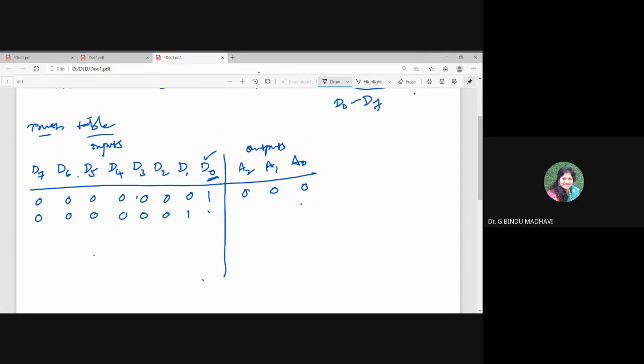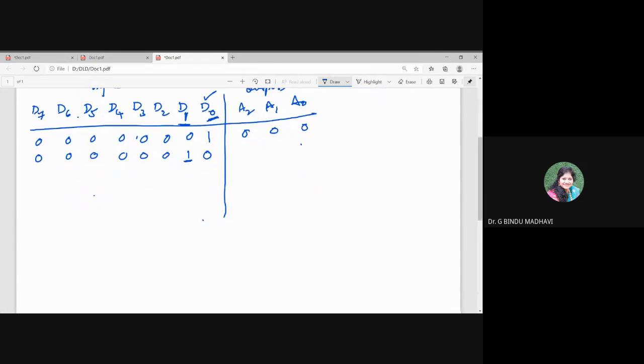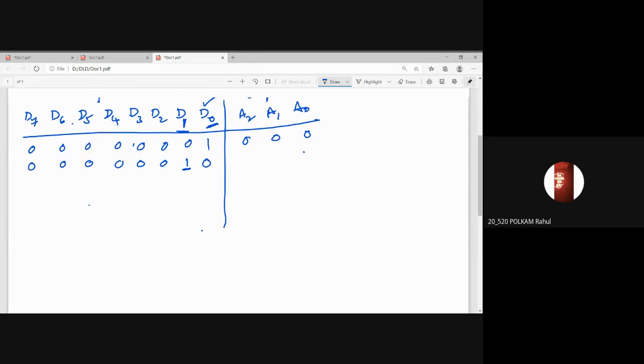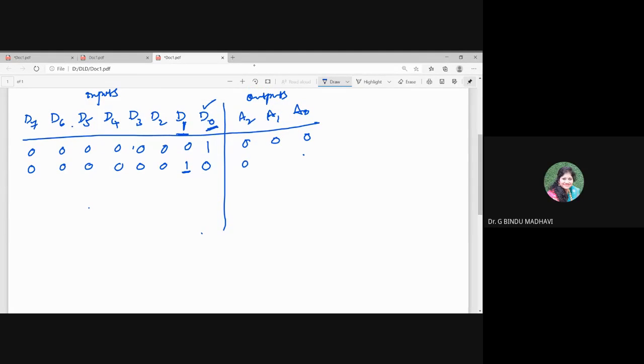Next, 0, 0, 0, 0, 0, 0, 1, 0. Now, where do we have the one? For D1, what will be the binary combination? 0, 0, 1. Next, 0, 0, 0, 0, 0, 1, 0, 0. Now this is related to D2.